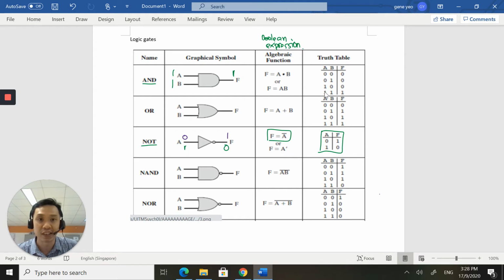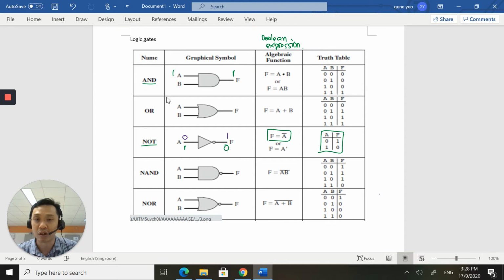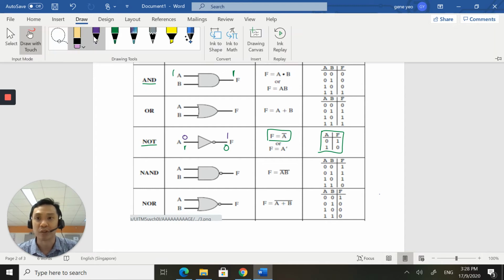Okay, you can see this in the truth table over here. If both inputs are high, then the output will be high. Everything else will give me a low. So both inputs need to be high.